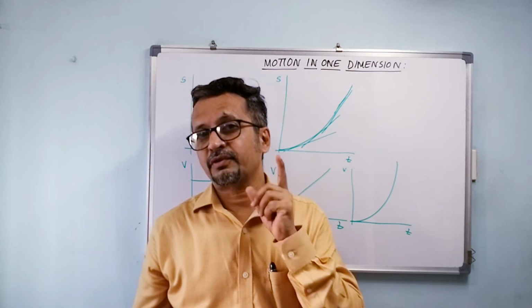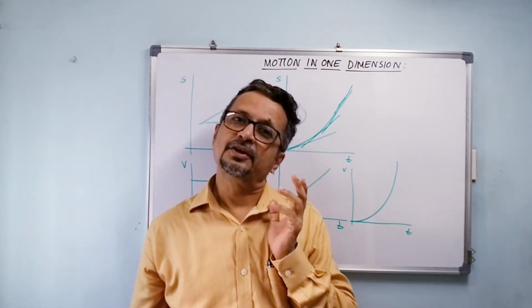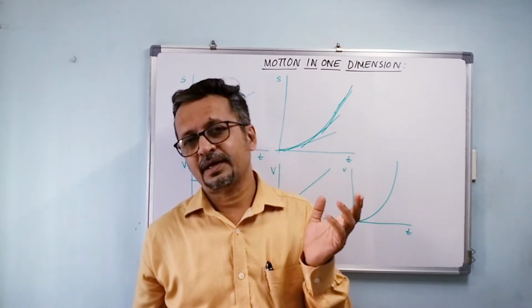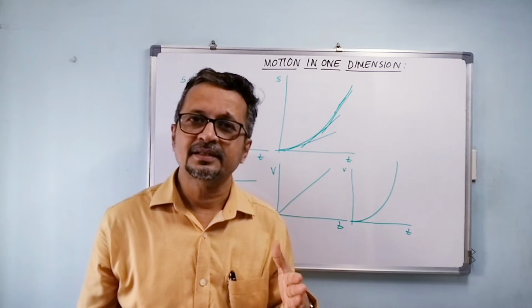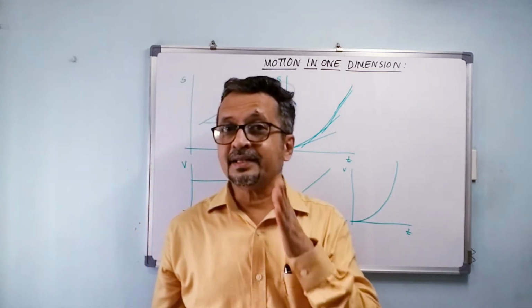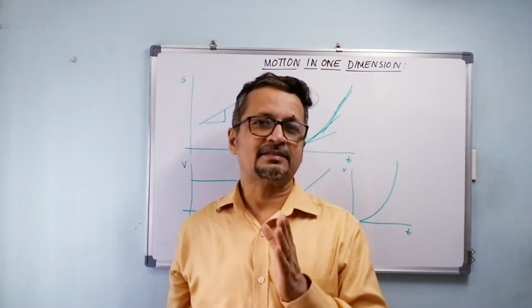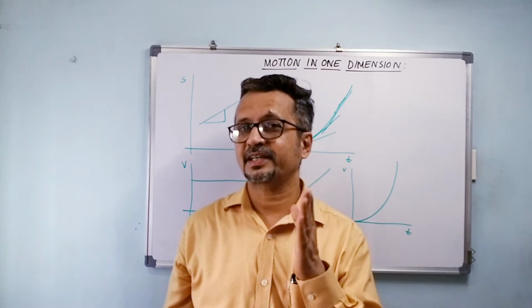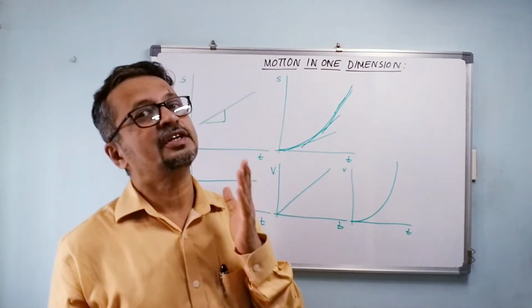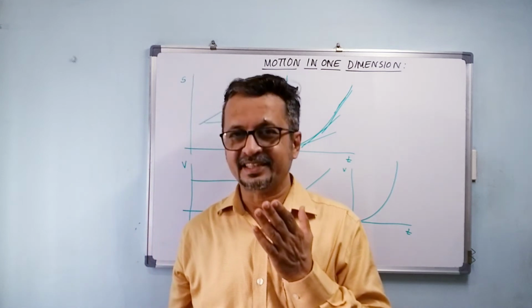And what is the gradient of the velocity time graph? Is it not acceleration? If my velocity is constant, then my acceleration is 0. If my velocity is increasing and it is a linear relationship, then that would be constant acceleration. But if the gradient of the velocity time graph goes on increasing, that means my acceleration is also increasing.